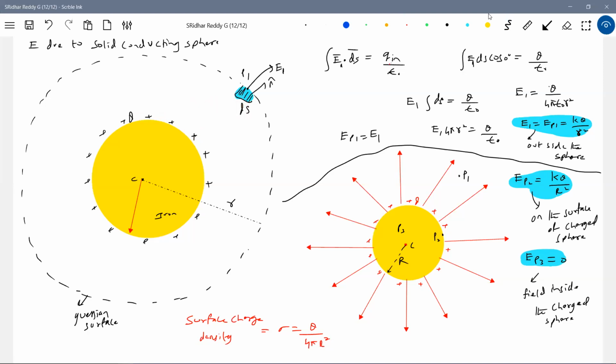But sir, the way you are writing it, it looks like a point charge. If the charge is distributed symmetrically with respect to the center of the Gaussian surface, then the charge of a body can be replaced with a point charge kept at the center of the Gaussian surface.